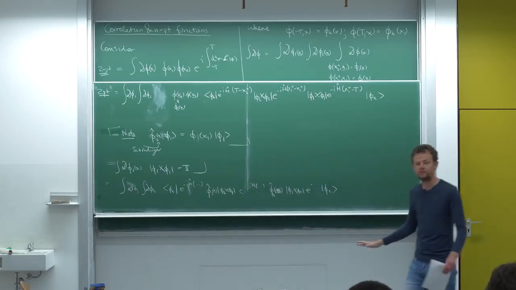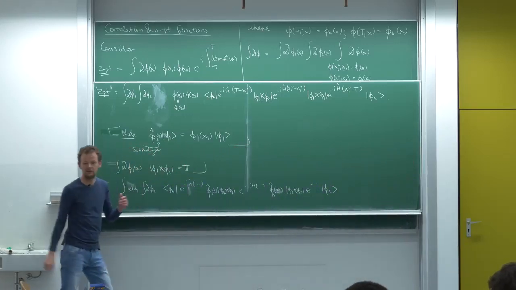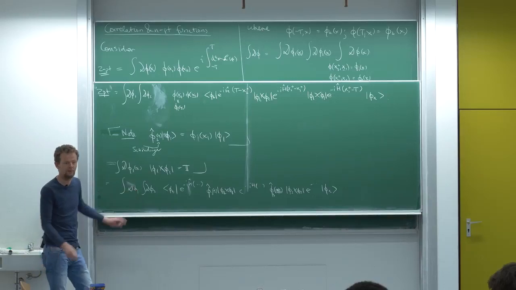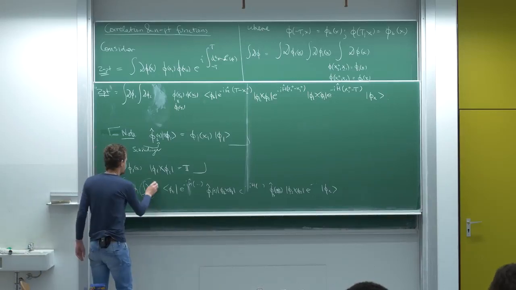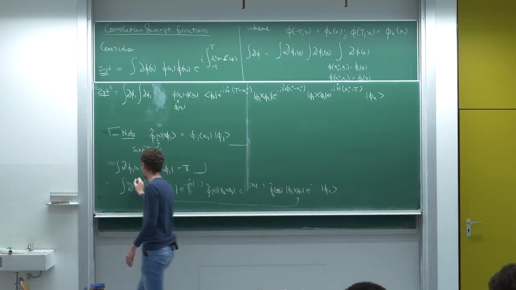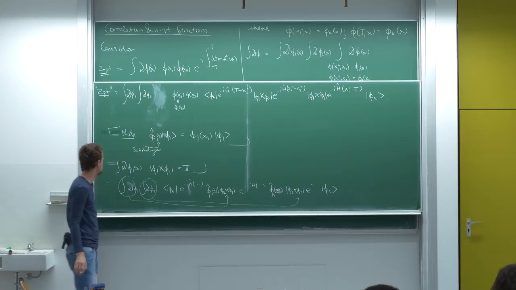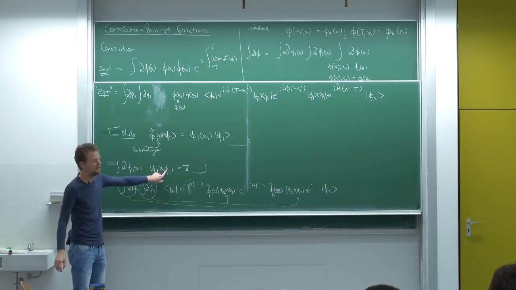And then we're going to use the completeness relation. This is the best bit here. So we get rid of all the classical stuff, and now we have only quantum stuff left behind. So that goes away thanks to this.